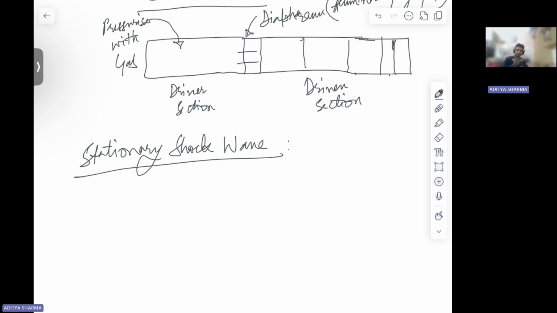Then let the high pressure gas pass through this body, and then you study your flow physics, right? Okay.